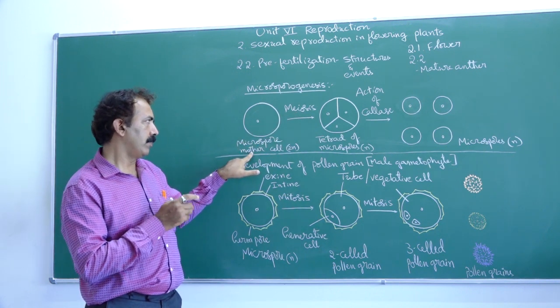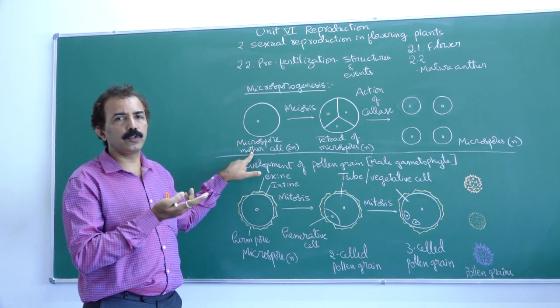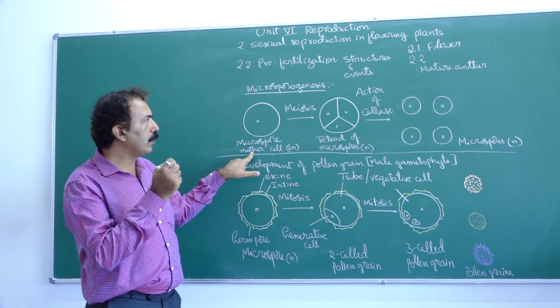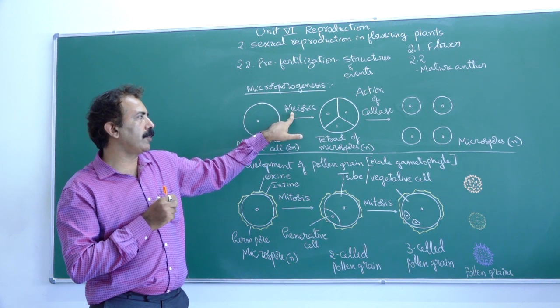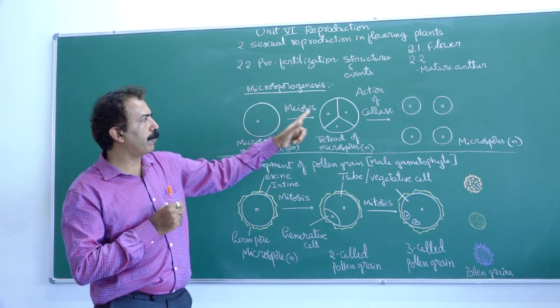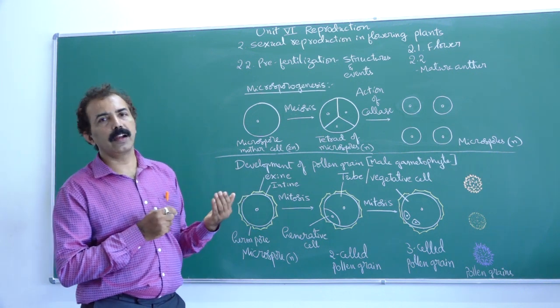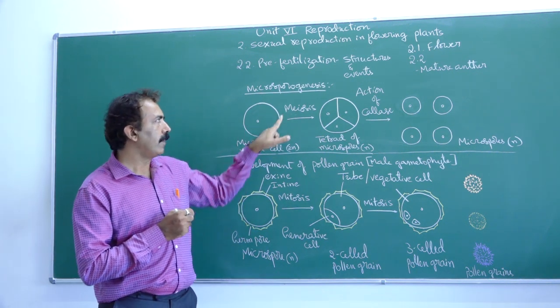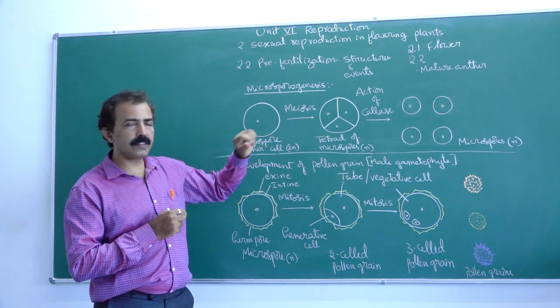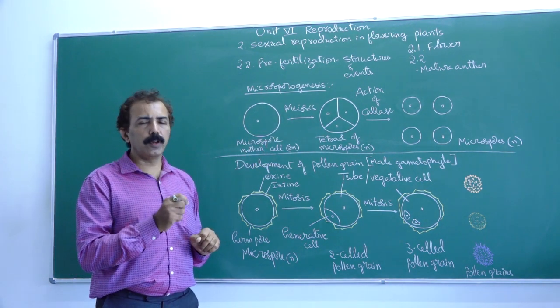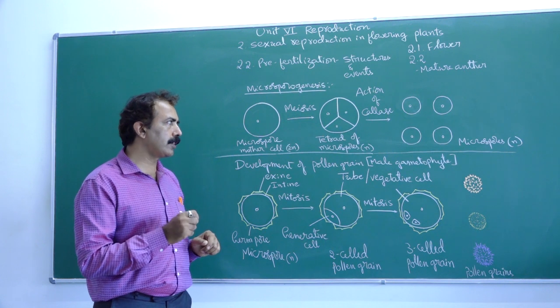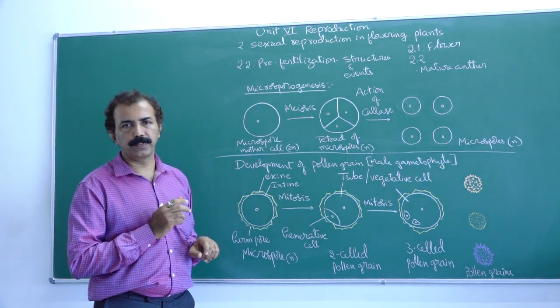Microspore mother cells, there are hundreds in each of the pouches. They undergo meiosis, the reduction division, and produce 4 cells. Last year, in chapter 10, under the topic cell division, we studied meiosis. We understood that in meiosis, the number of daughter cells produced will be 4.